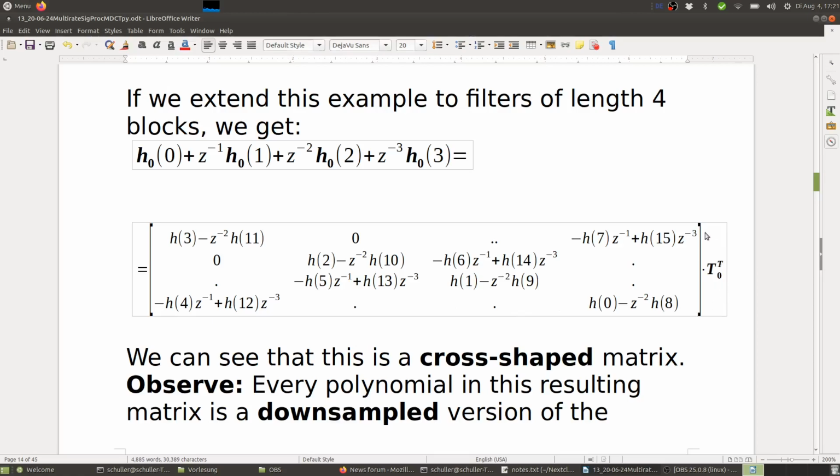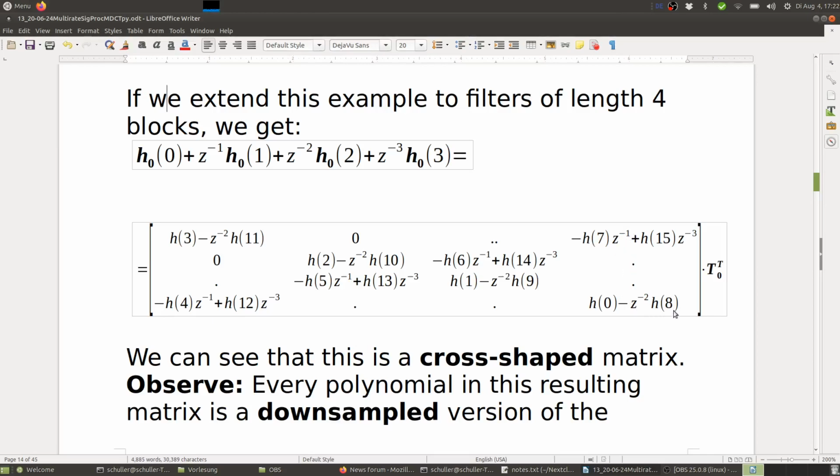So again here, column matrix for k equals 0. Then here we have h0, h1, h2, h3 times z to the 0. Then here we have h4, h5, h6, h7 with a minus sign and z to the minus 1.